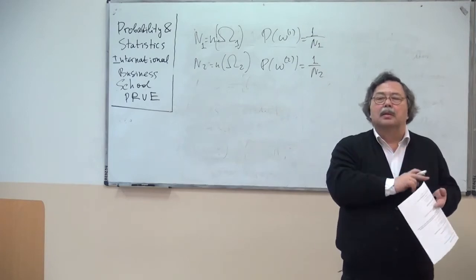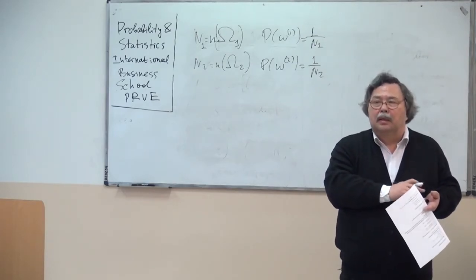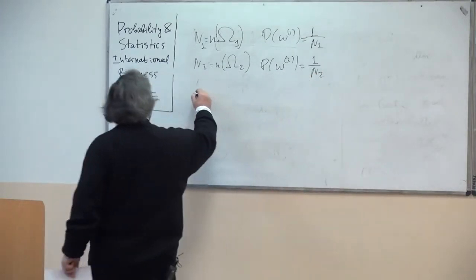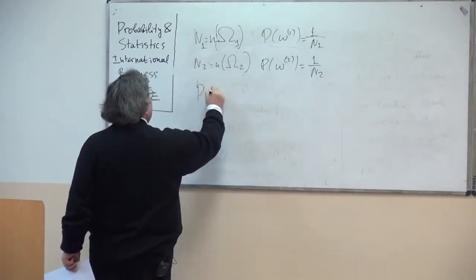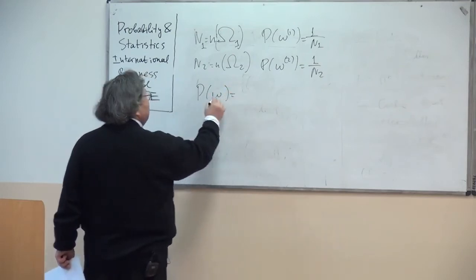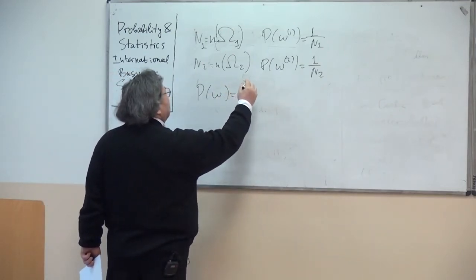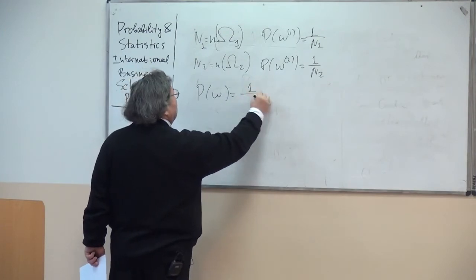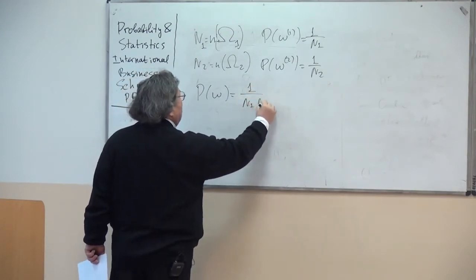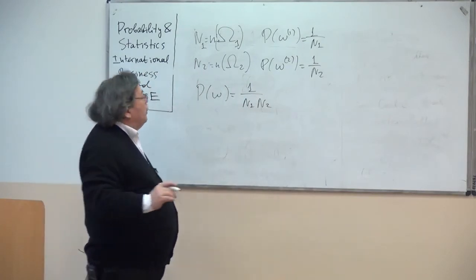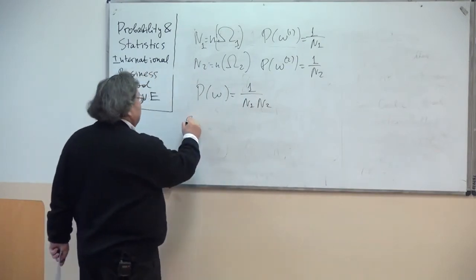It also consists of equally likely outcomes, and the probability of which is this. So now this one belongs to the resulting sample space, which is the Cartesian product, and it's this. Okay, let's give it an example.